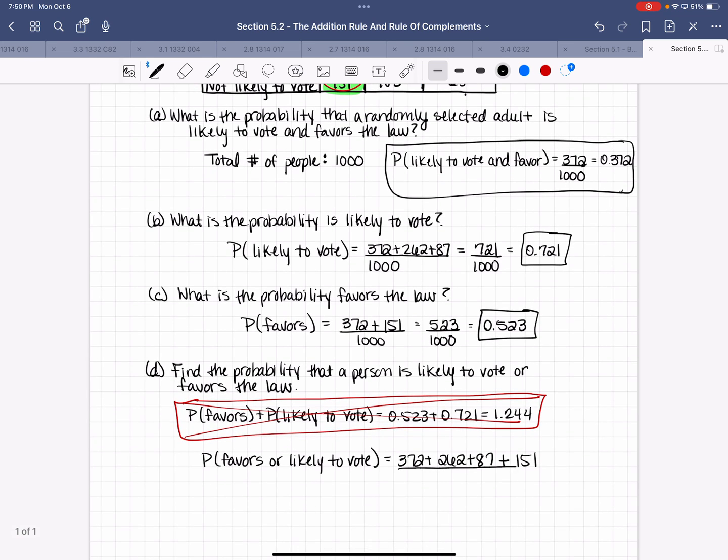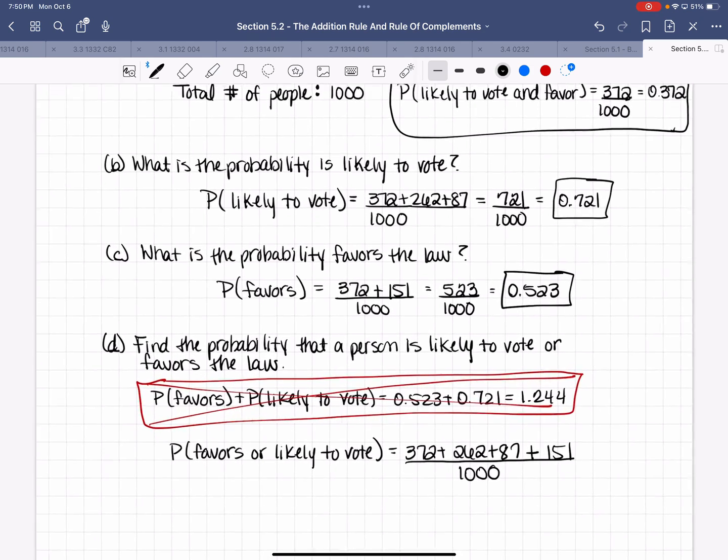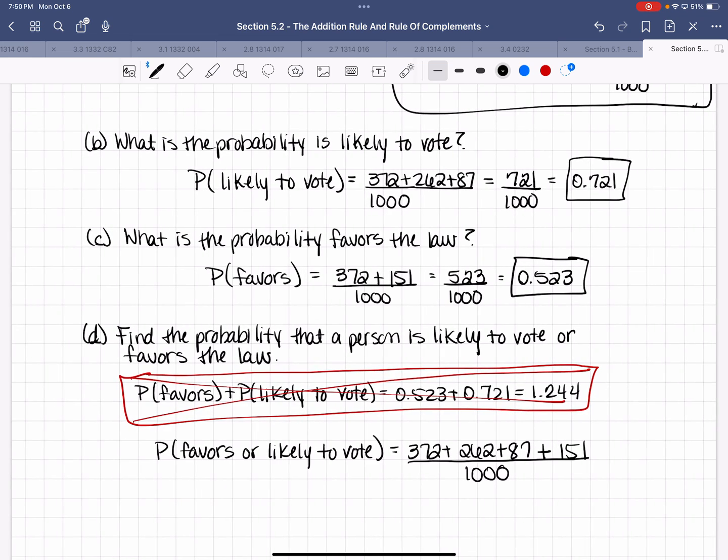That's all going to be over the 1,000 people, right? What does that wind up giving me? 0.872 when I divide by the 1,000, right? Because you get 872 over 1,000. Okay, that looks better. That's less than 1. We're okay with that.